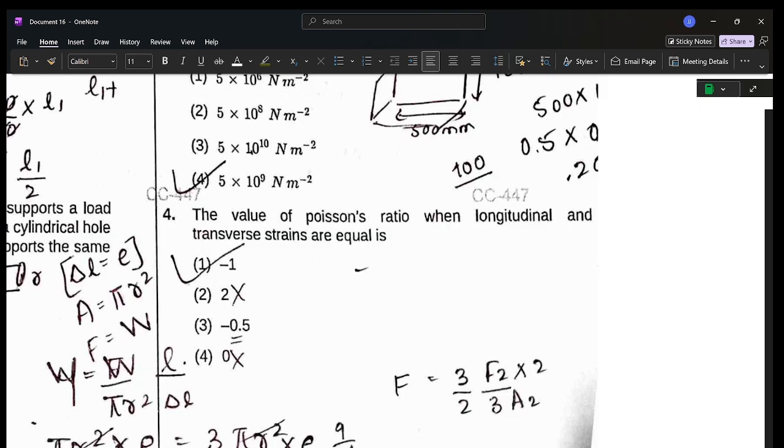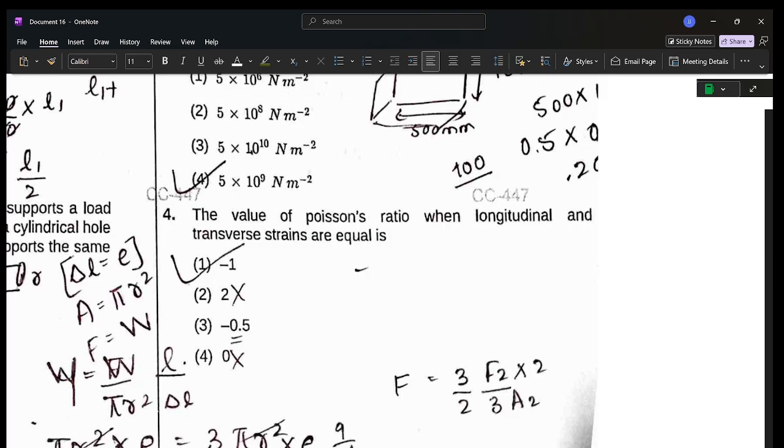Okay. Now let's talk about longitudinal strain, which is the original length L and the increase in length delta L. So the longitudinal strain would be delta L by L. Talking about lateral strain, where the wire becomes thinner or thicker, you're going to deal with the diameter. So it's going to be delta D by D, the lateral strain. Now, what's the actual definition of Poisson's ratio?